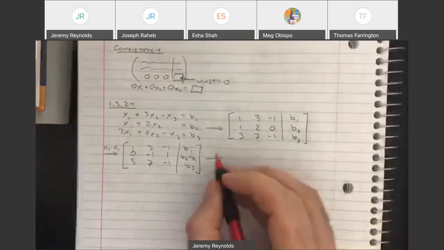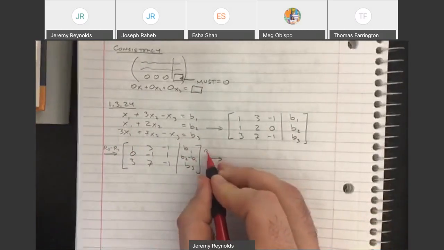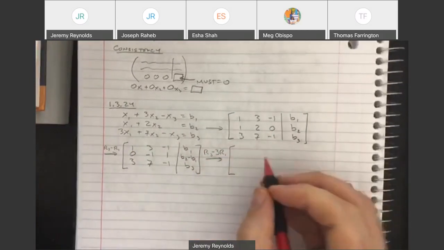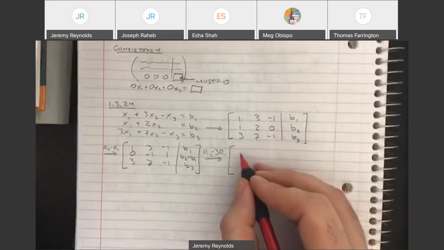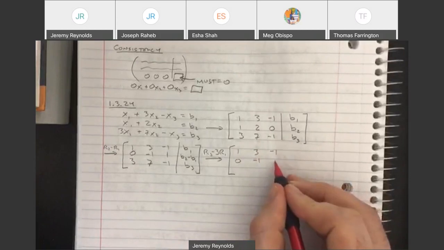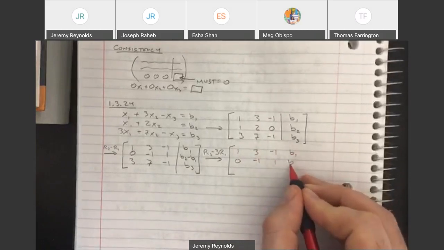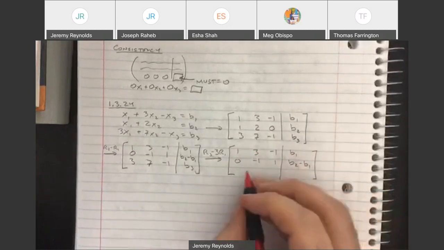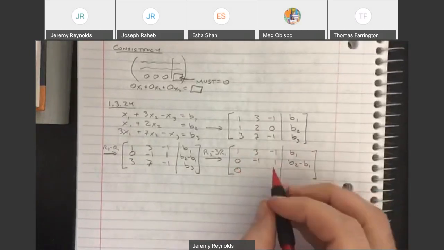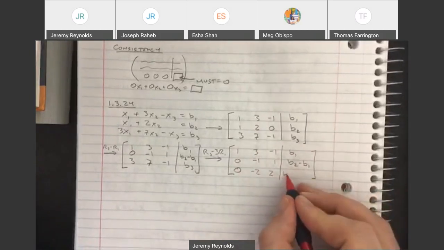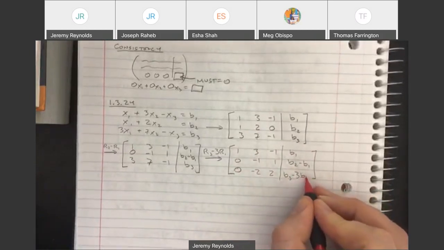Then let's do row 3 minus 3 row 1. That gives us the first 2 rows the same, and on the bottom we'll have 0, -2, 2, and b3 minus 3b1. Okay.